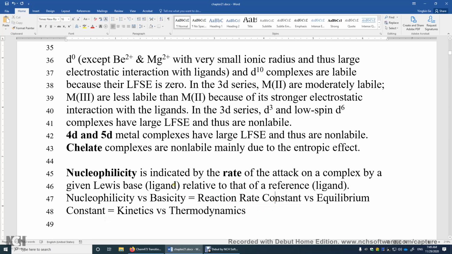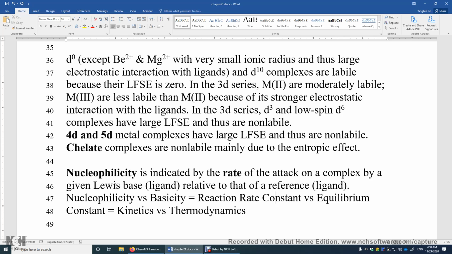All right. Now, finally, I want to explain this basicity here, why it's called Lewis base and Lewis acid. Okay. Lewis acids accept electrons. Lewis bases give electrons. So when you form a transition metal complex, the ligands give electrons to the transition metal and form a bond. Okay, it's a donor-acceptor bond.